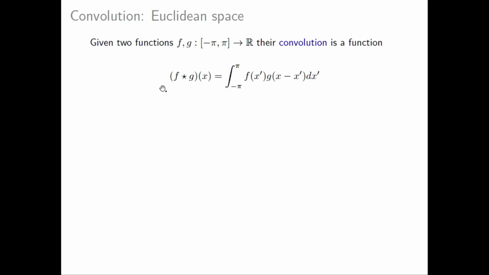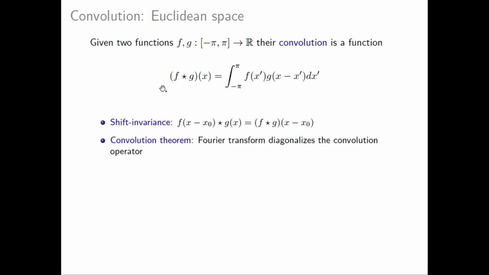Just refreshing the definition, a convolution is the convolution between a function and a filter. It's a linear combination of the function with the translated versions of the filter, and by definition the convolution commutes with translation, right? Basically, translating before or after the convolution yields the same result.